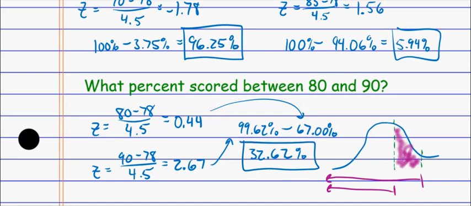Okay, so again, I'm doing the same things that I've been doing with my Z chart, looking up those Z scores and subtracting where I have to. The big difference is I have to convert these to Z scores first. Okay, so there's one extra step when we apply these standard normal distributions.